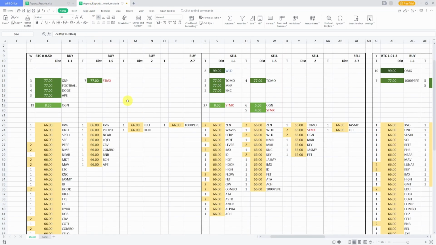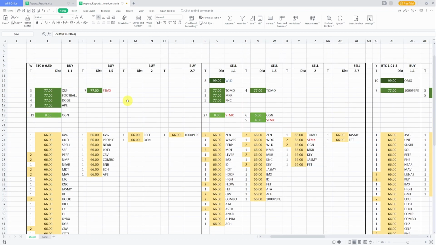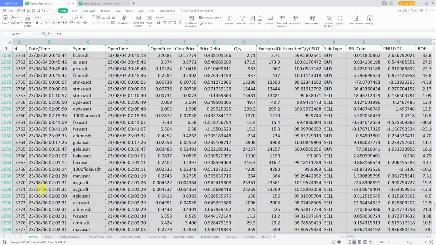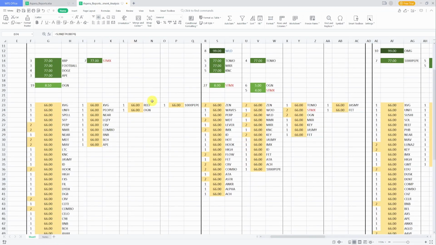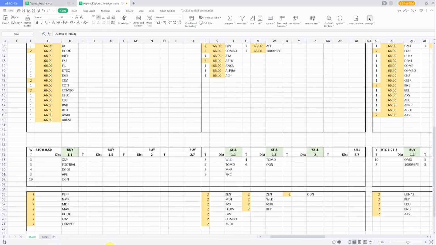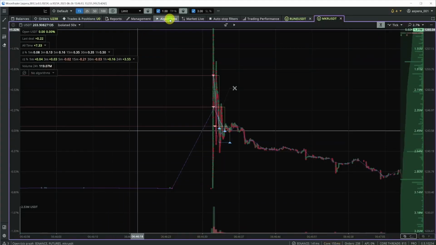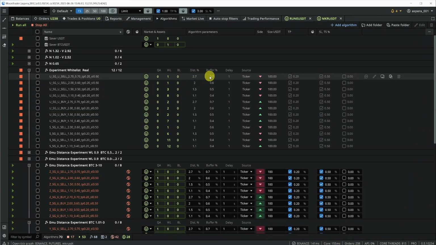What I want to do, and I don't even know how to approach it yet, well, I've got some ideas, but not a full-blown approach. So I want to build this pretty much in real time, and the only thing I would have to do is import my reports from the experiment right here, and then based on that really quickly build this, and then go to my terminal, go to my algorithms, quickly update the coins that are listed here, maybe turn some off, maybe create some new ones, and this way I'll be able to react pretty quickly to what's going on in the market.